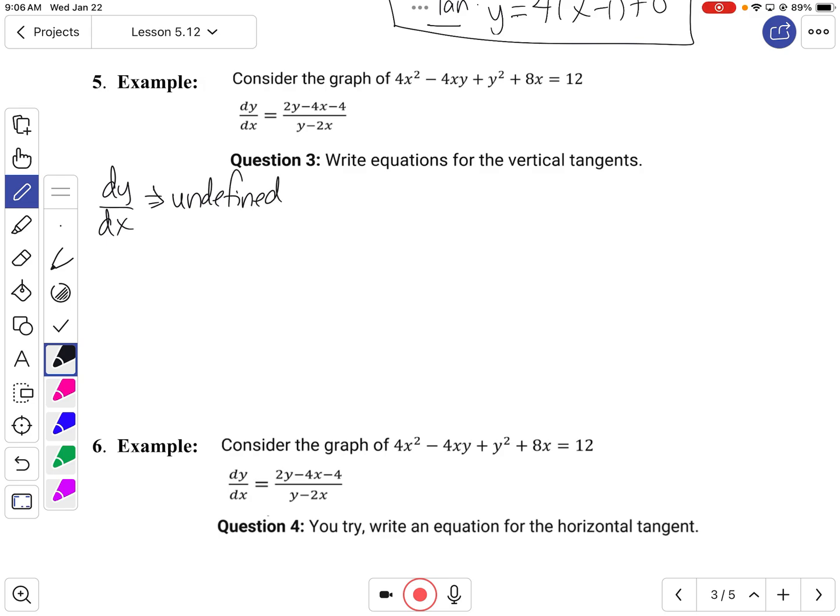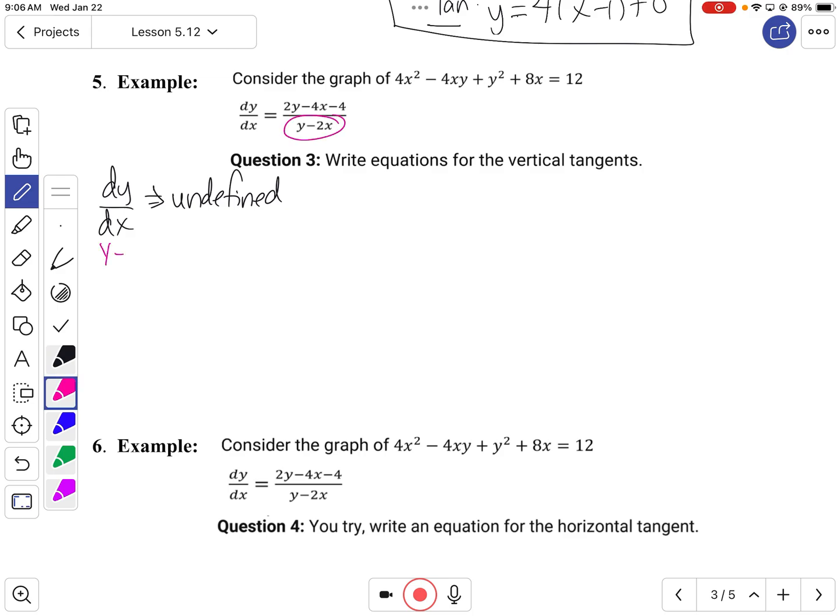Okay, now it's a fraction, right? So where would it be undefined? Where the bottom is 0, okay? If my denominator in that fraction is 0, then it would be undefined there. So let's take just the denominator.